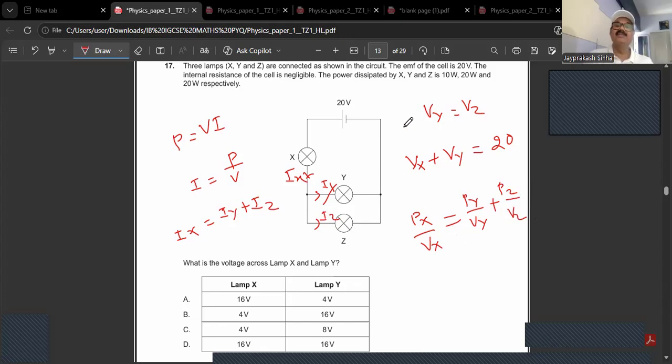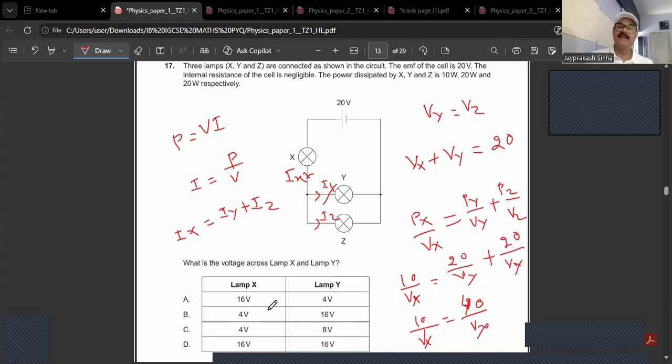So here P_x is already given, 10. So 10 upon V_x is equal to 20 upon V_y plus P_z, which is also 20, and V_z is equal to V_y, so here also I can write V_y. So 10 upon V_x is equal to 20 plus 20, 40, upon V_y.